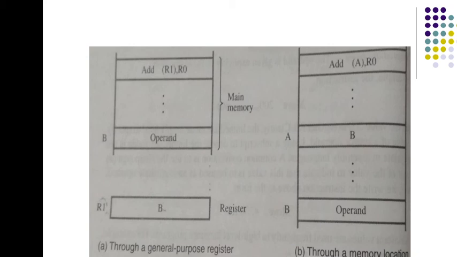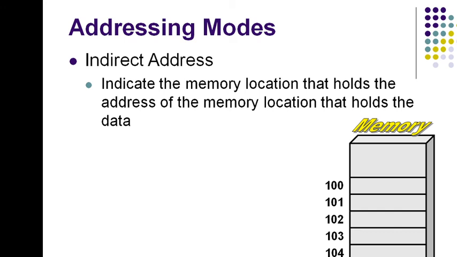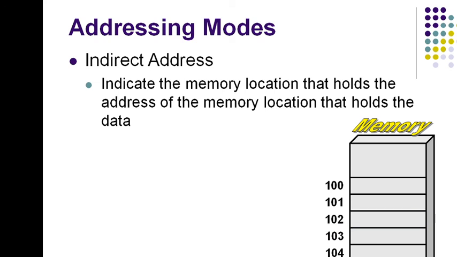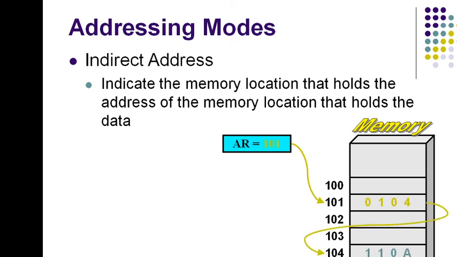So basically what is indirect addressing? It indicates the memory location that holds the address of the memory location that is containing the data. You can see in this figure a block of memory. We have the address of each location written here, and the given instruction has some memory location value, considered to be 101.